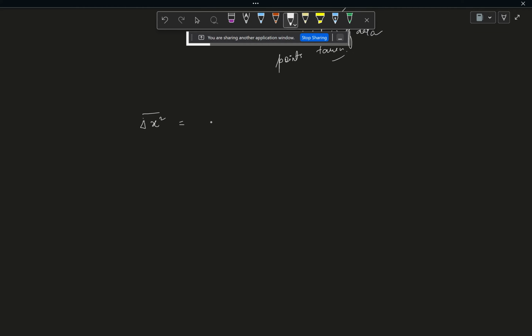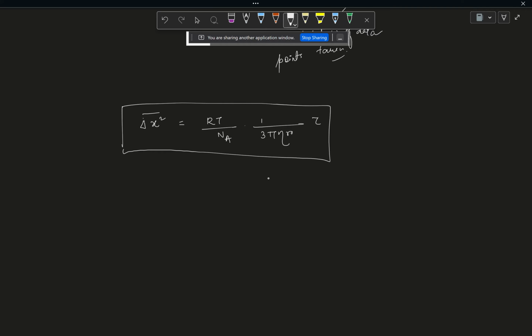So mark this formula, it is very much important. This is the average of delta x squared equal to RT by Na into 1 by 3 pi eta r into tau. So this is a very important formula.